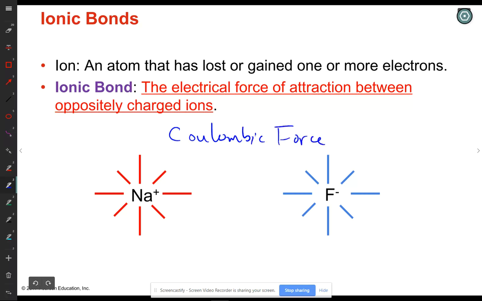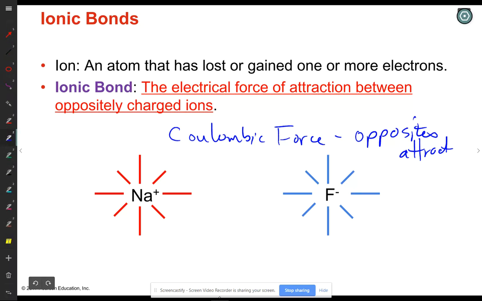Coulombic force is what we learned with electricity, that opposites attract. And we call this an ionic bond. It's an ionic bond because I had ions, things that had a charge, one's positive, one's negative, held together because of that charge.